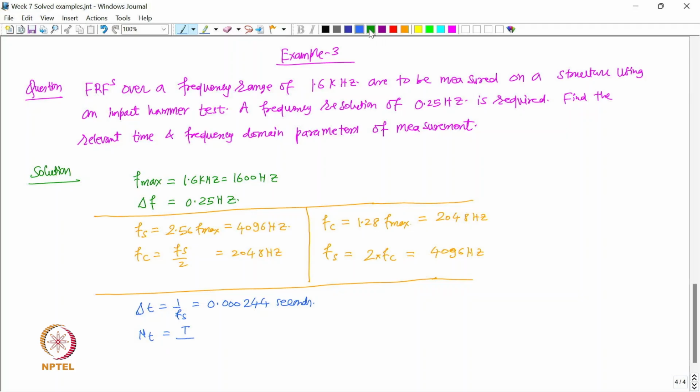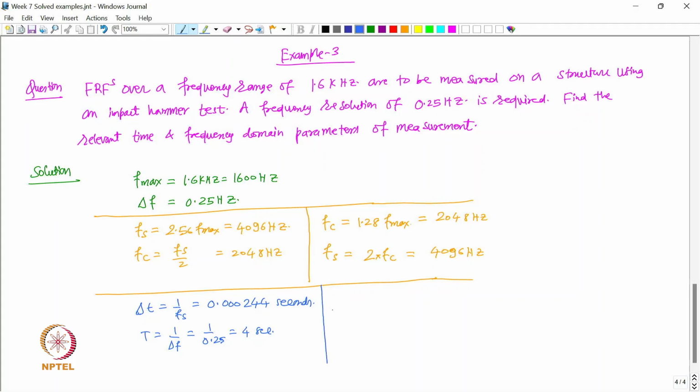First we can determine the record length T, which would be equal to 1 upon delta f, that is 1 upon 0.25, which means 4 seconds.